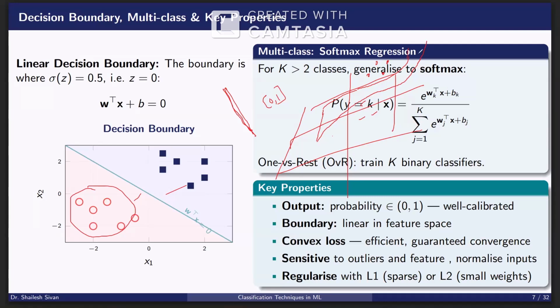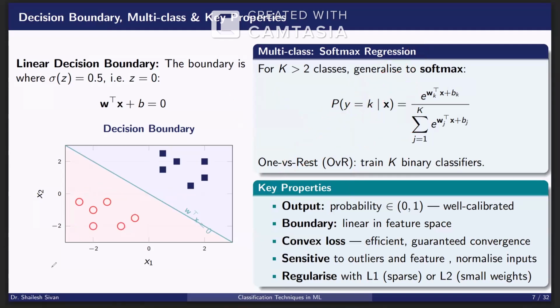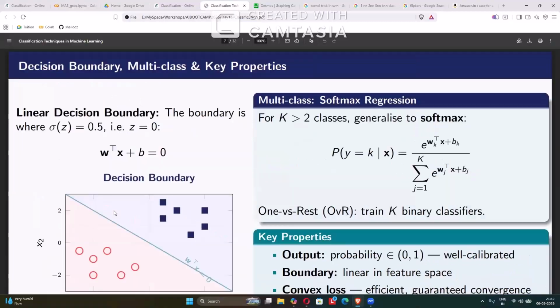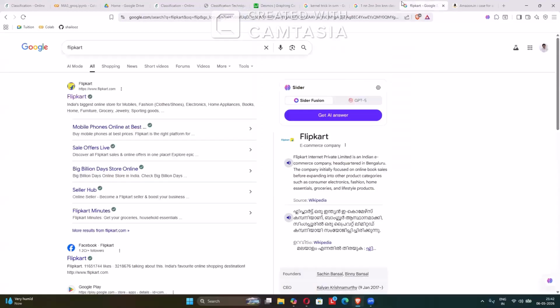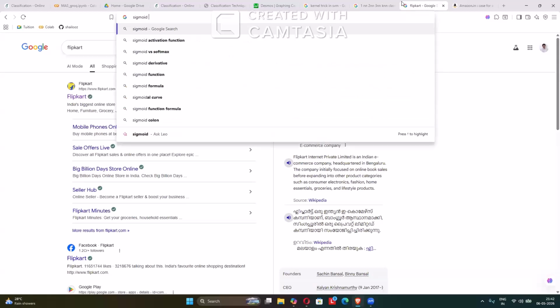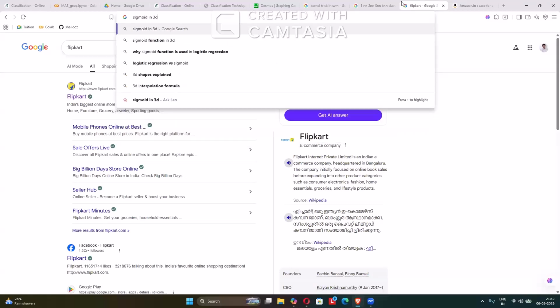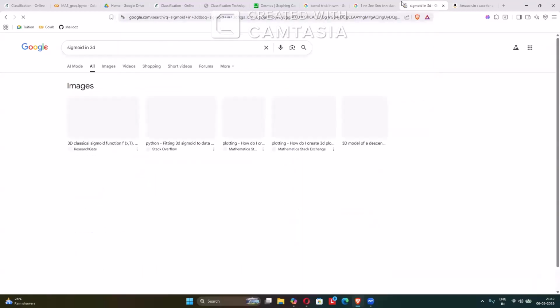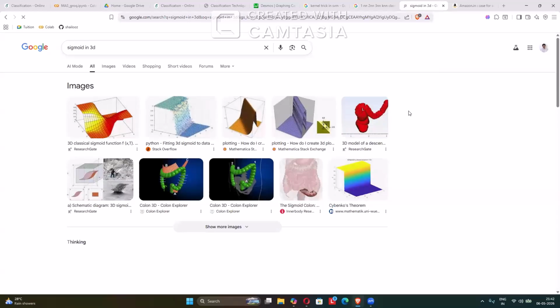Sigmoid in 2D, okay. If we look at the sigmoid in 2D, we can actually understand that. Sigmoid in 3D space, did you see this?